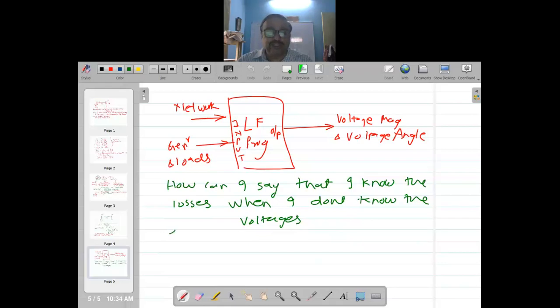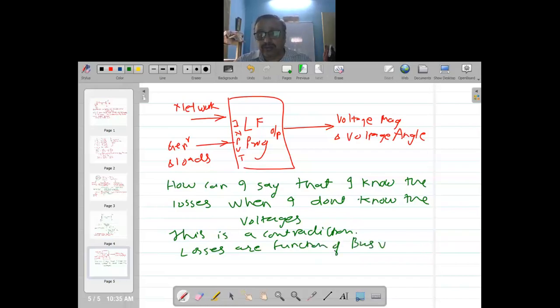So this is a contradiction. Losses are functions of voltages, which themselves are unknown.